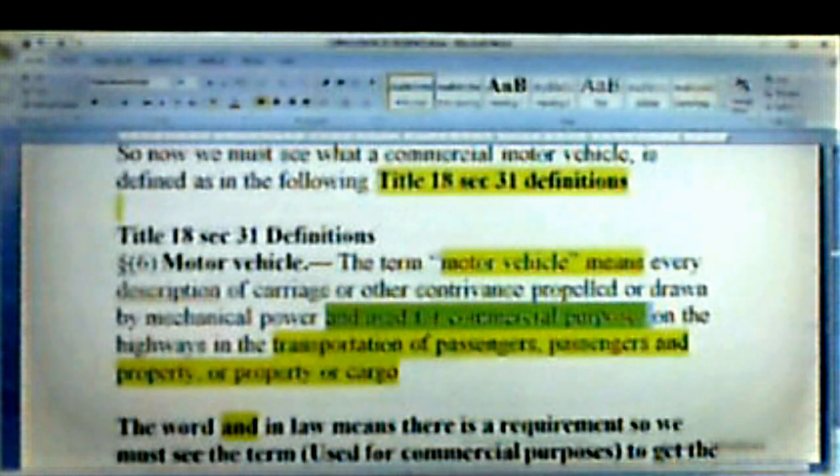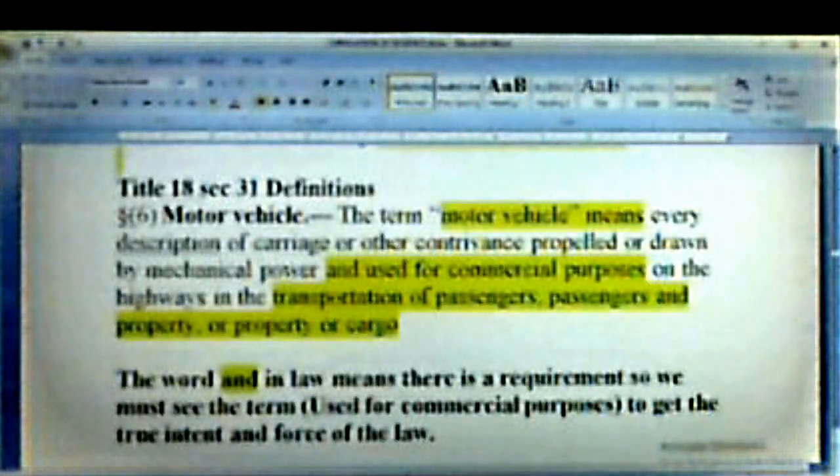Okay, so now we're going to have to find this term used for commercial purposes to understand what a motor vehicle is. And it says that it's used for commercial purposes on the highway in the transportation of passengers and property or cargo. Well, already it sounds like they're hauling somebody, right? Okay, another key word here is the word and.